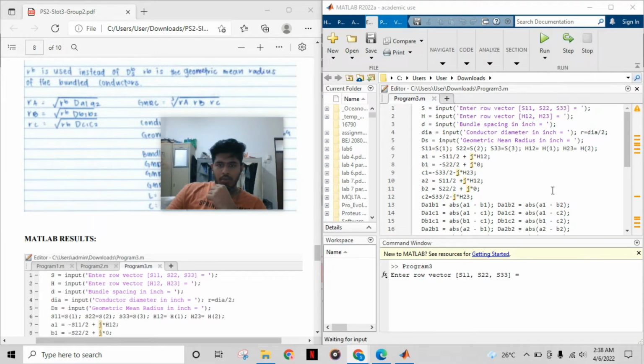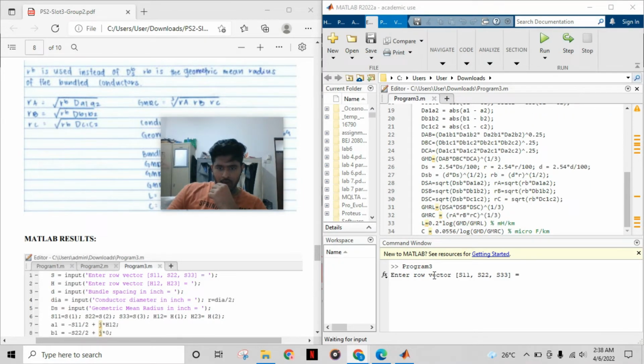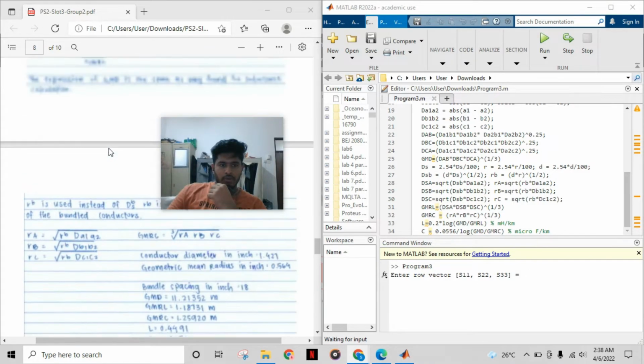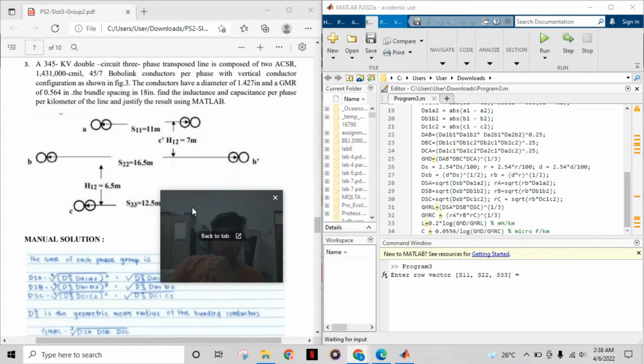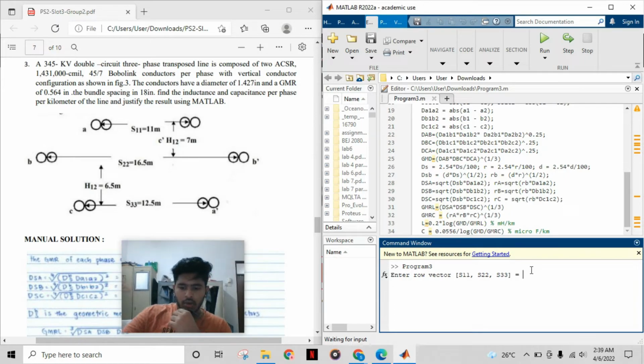After running the program, we have to enter the row vector of S. The row vector of S is 11, 11, 16.5 and 12.5. Next, the H row vector is 7 and 6.5.